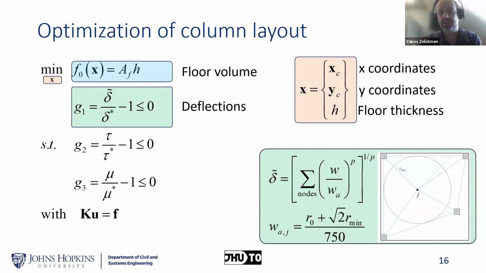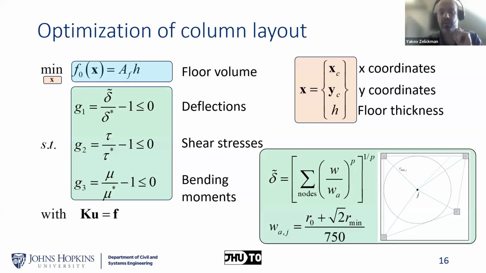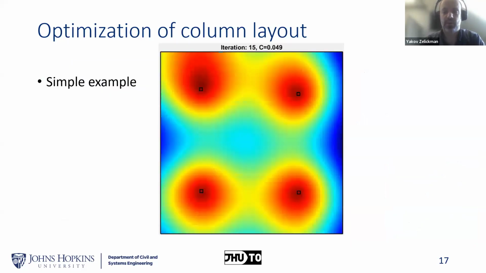And this kind of aggregation procedure is often implemented where we have local constraints to consider. The other two constraints are shear stress and bending moment constraints, which I'll not go into, but they both have a local nature and are therefore aggregated constraints. And finally, we have the equilibrium equations.